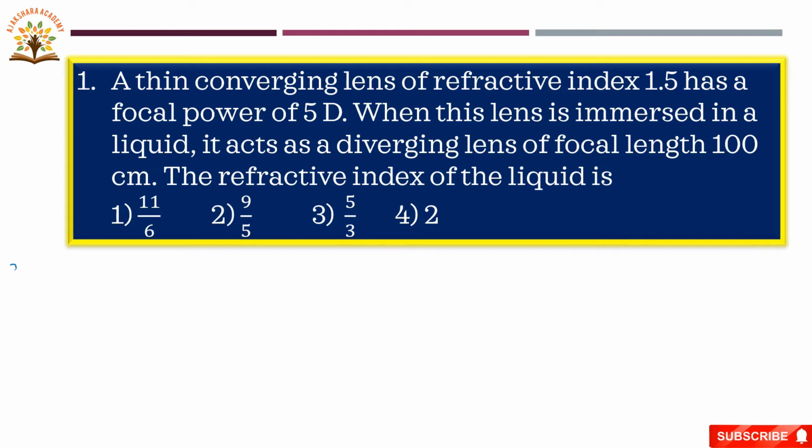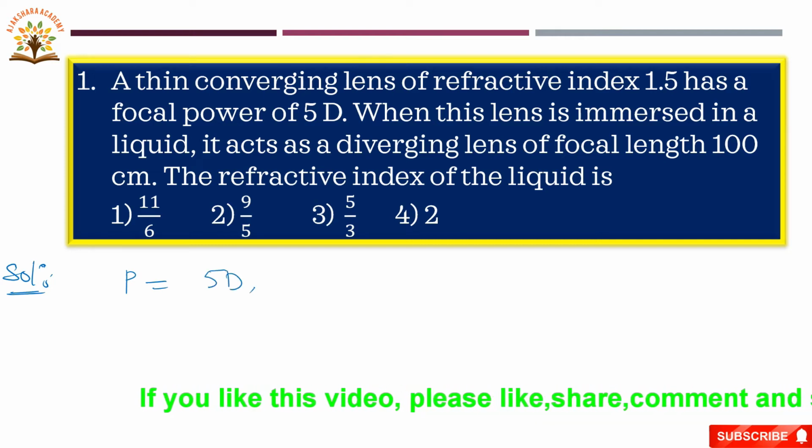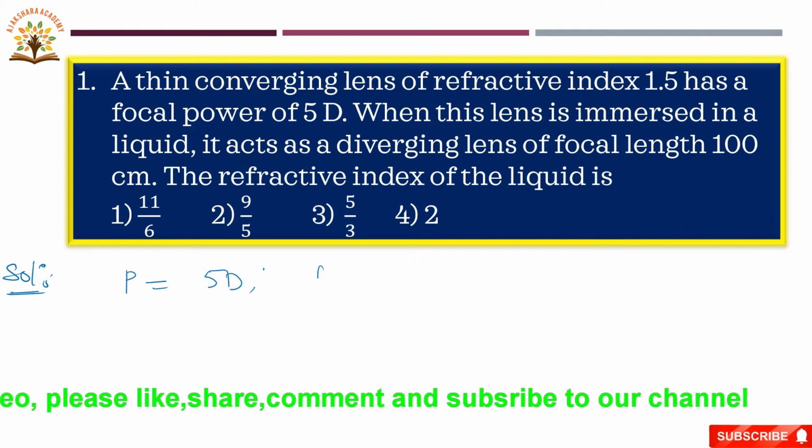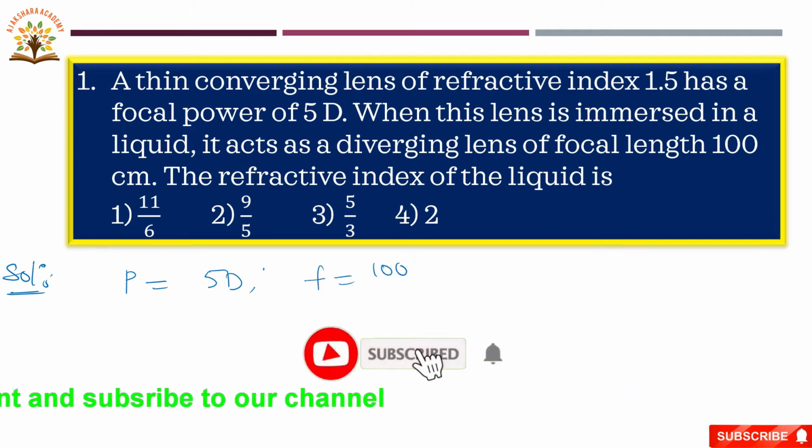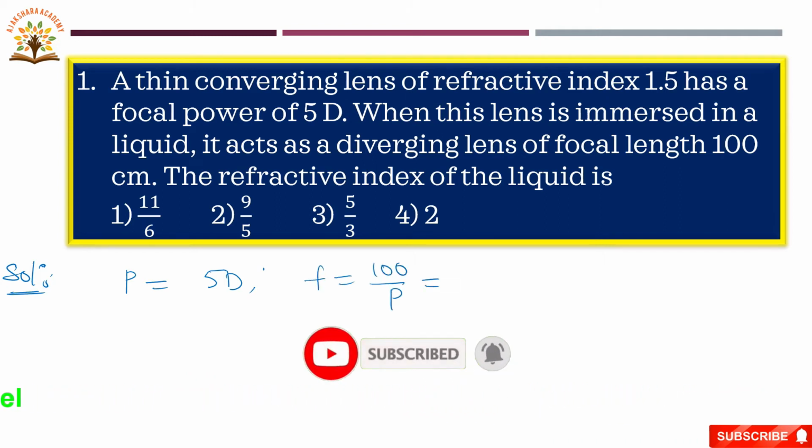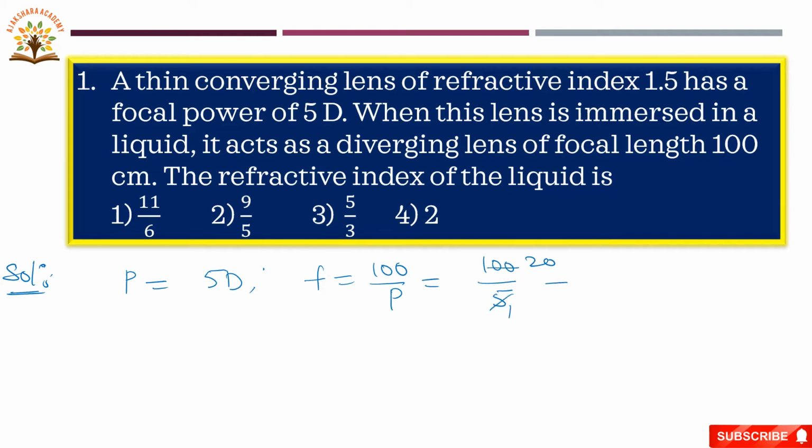Now let us go to the solution. Given power of lens is 5D and focal length is equal to 100 by P. Power is the reciprocal of focal length, so F can be written as 100 by P, that is equal to 100 by 5, which is 20 centimeter.